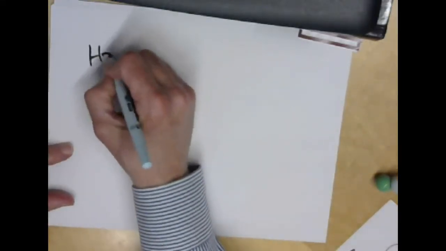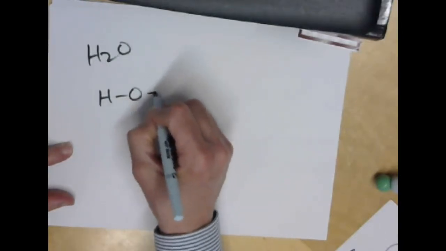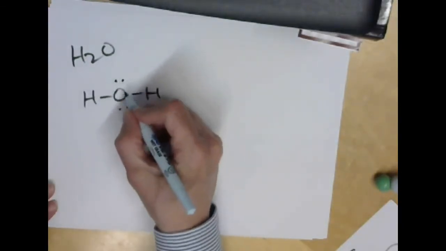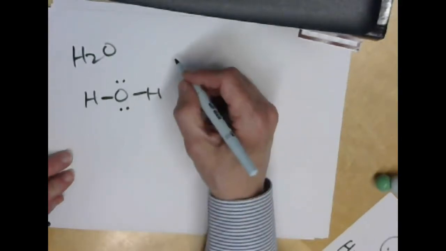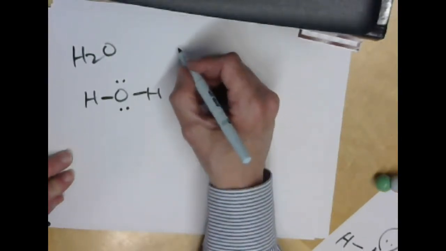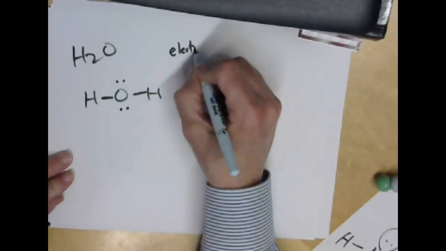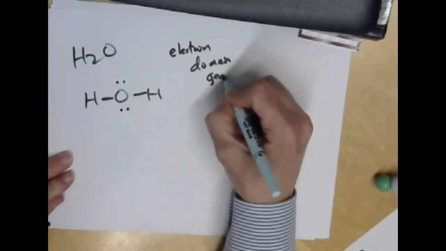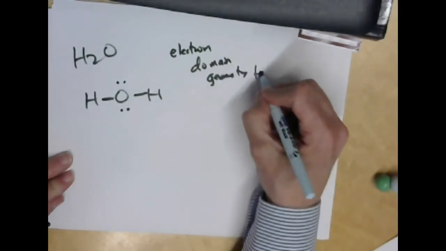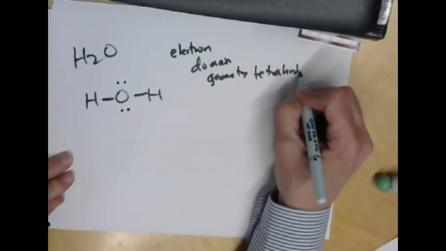The next one we want to look at is good old water. It's got 4 electron domains, the 2 non-bonding pairs, and the 2 single bonds. So if it's got electron domains equal to 4, that means the electron domain geometry is tetrahedral.